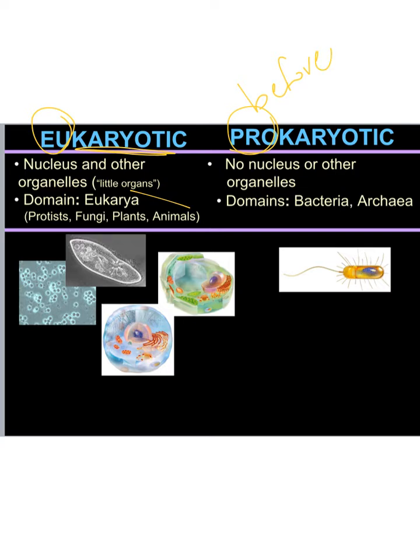Prokaryotic cells do not contain a nucleus, nor do they contain other organelles. So in prokaryotic cells, remember the DNA is contained in that nucleoid region, not a nucleus. These are things that would fall into the domains Bacteria and Archaea.